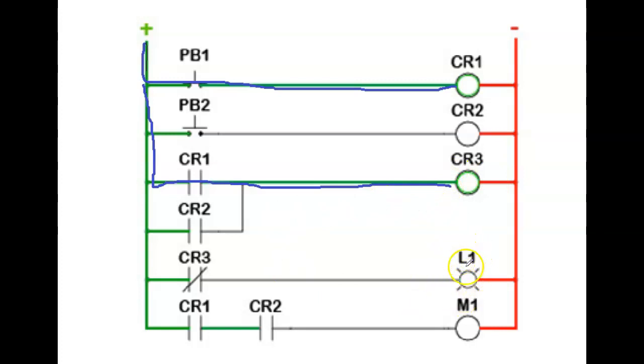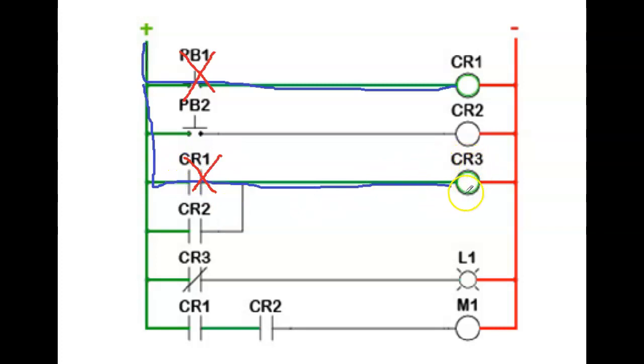So to get L1 on, we're going to have to come here, and let me get a red pen, we're going to have to move this switch, not close it, we're going to have to open it. We're going to have to move it from the normally closed to the normally open, which is then going to de-energize this relay. And when that relay is de-energized, this contact, which was closed because it was energized, is going to reopen.